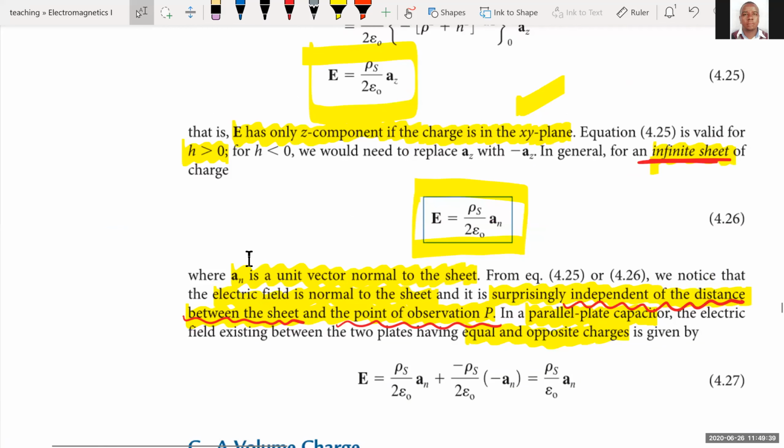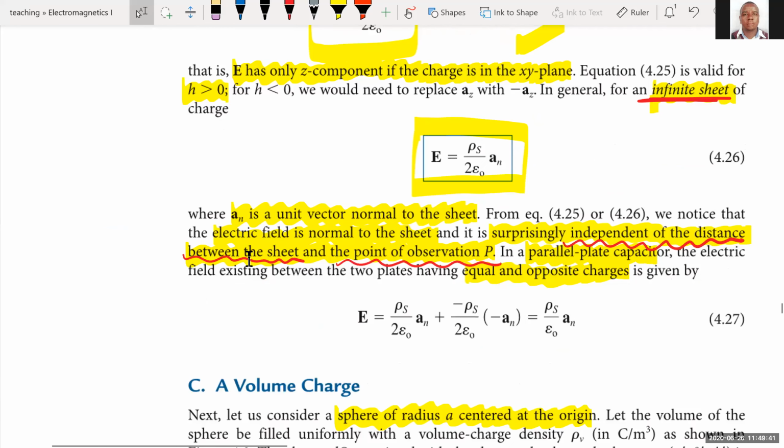So if you cannot define an infinite volume, then an infinite area comes into play. And we rarely deal with finite length, but we often deal with infinite length.